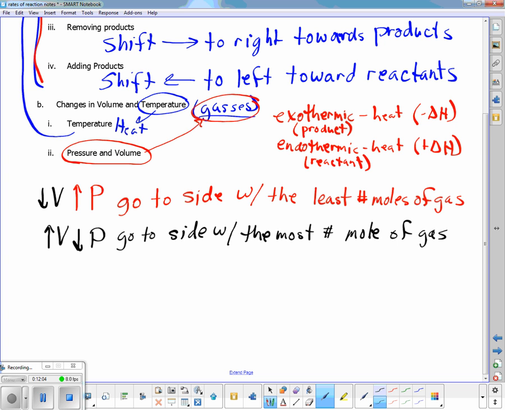Okay, so let's look at this. What if I have the equation we've used a lot? H2, which is a gas, plus O2, which is a gas, giving me H2O, which is a gas. Is it balanced? No. I can look right here, 2 oxygens, 1 oxygen. Oh, I need a 2 here, and then I need a 2 here.